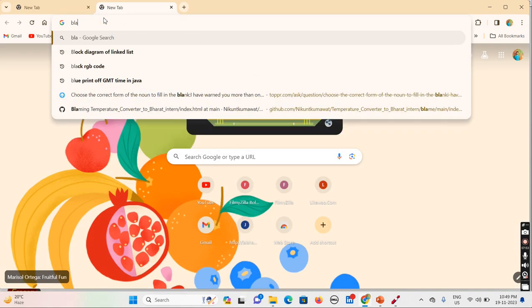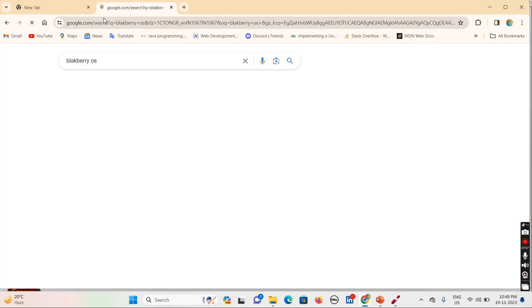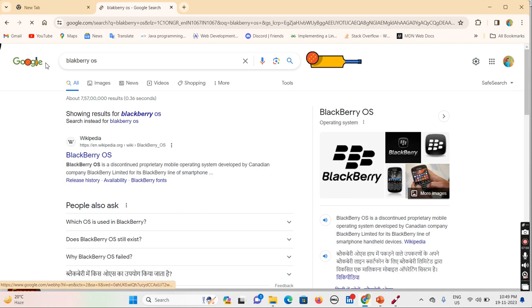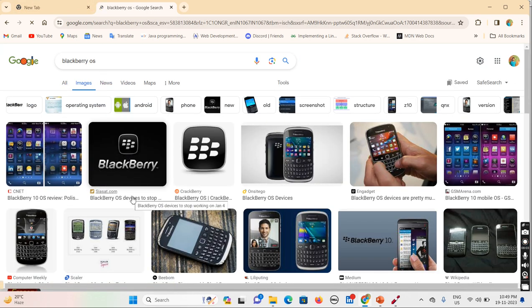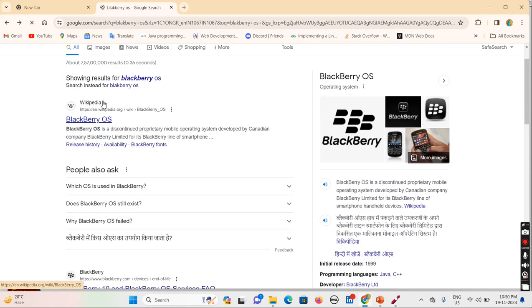We use BlackBerry OS. I want to say BlackBerry OS. Just look here.